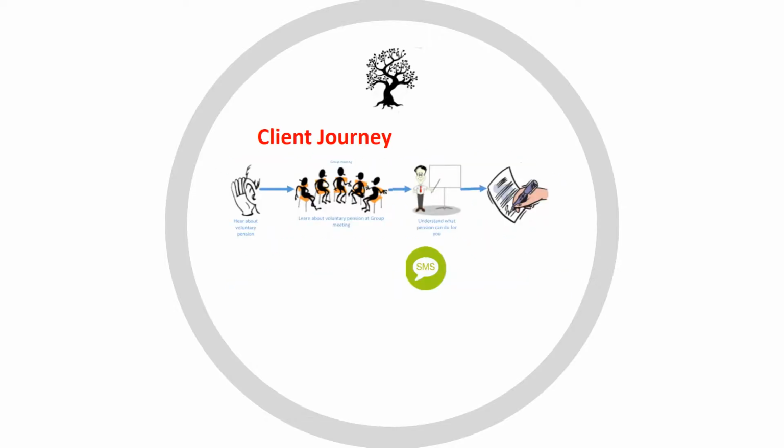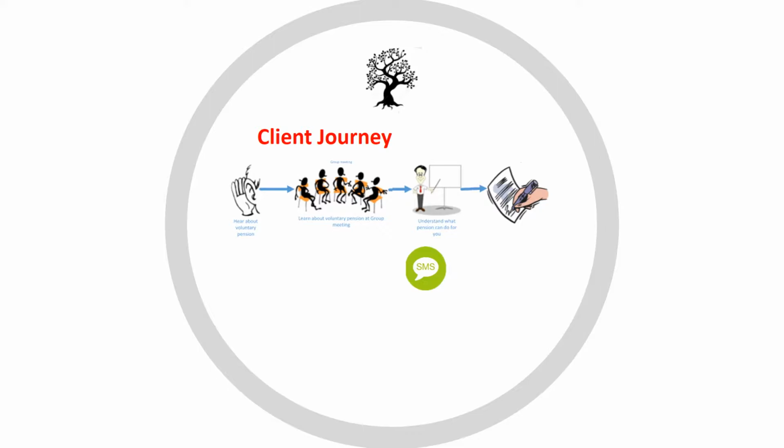Let's have a look at building a lifelong relationship from your client's perspective. We will do this by creating the client journey I just mentioned, the journey a client will go through using your micropension product. It all starts by Maria hearing about the product through a friend or on the radio.